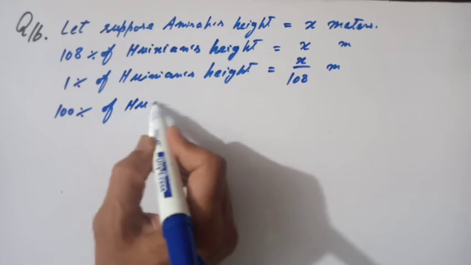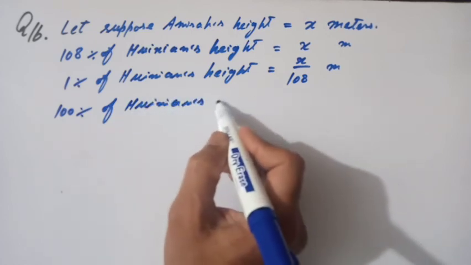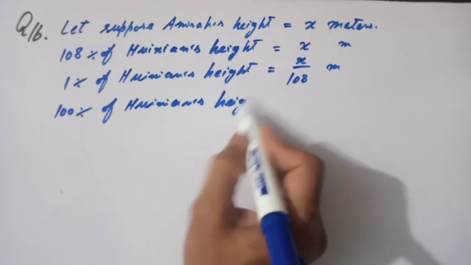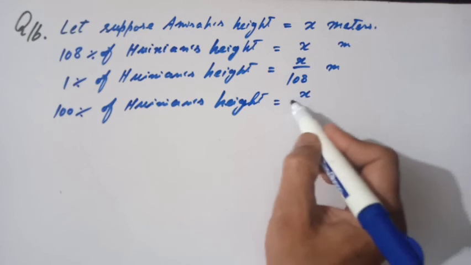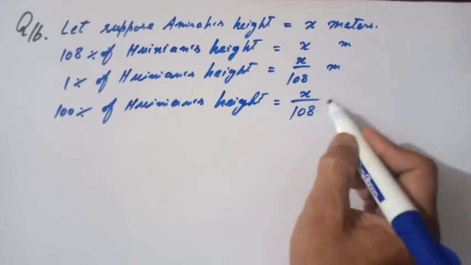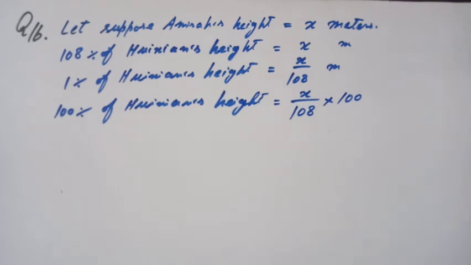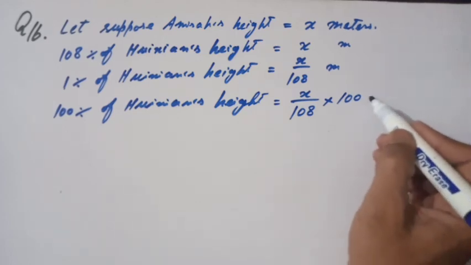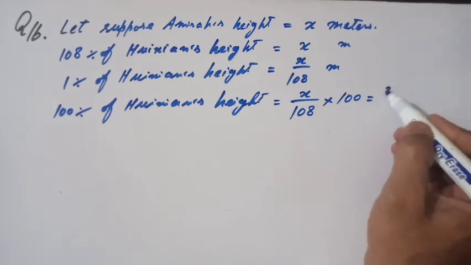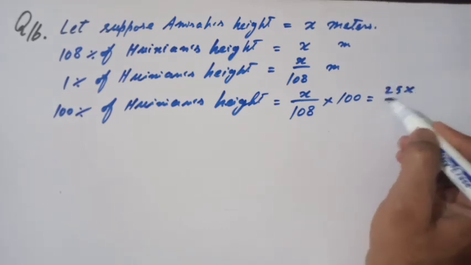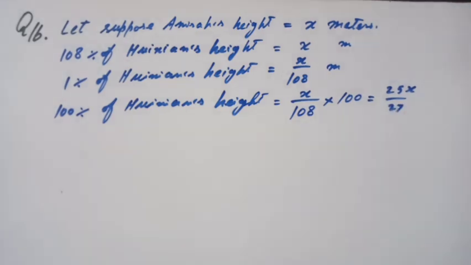Then 100% of Hugesian's height, that is equal to x by 108 multiplied by 100. After suitable cancellation, it gives us 25x by 27, right?